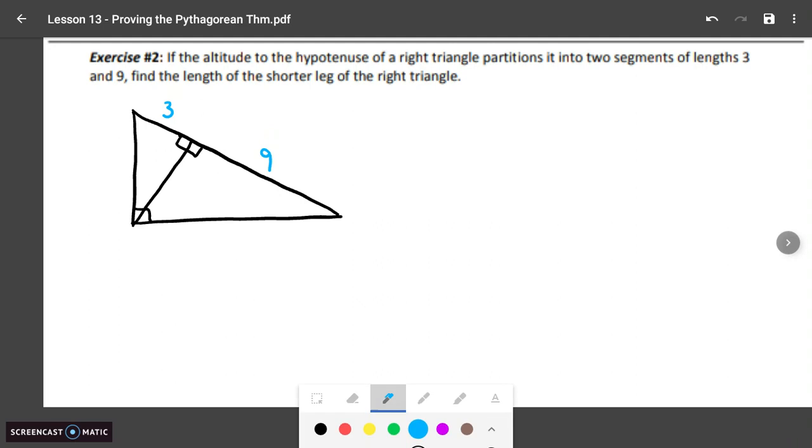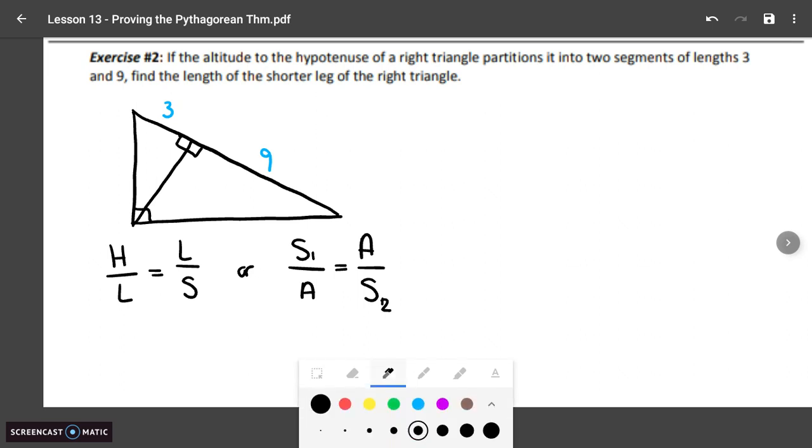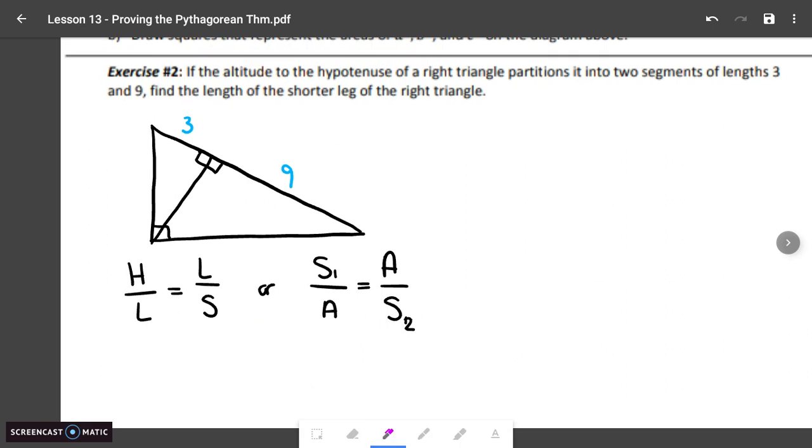But because I have all the right triangles formed, the 2 proportions that we could use are HILLS or SAS. And we're going to think about which one's going to work a little bit nicer for us here. So if I read further, I'll figure out that what I'm trying to find is the length of the shorter side, or the shorter leg rather.